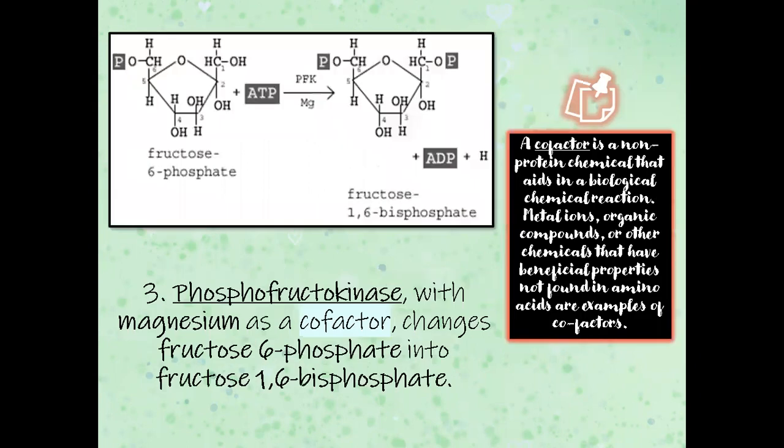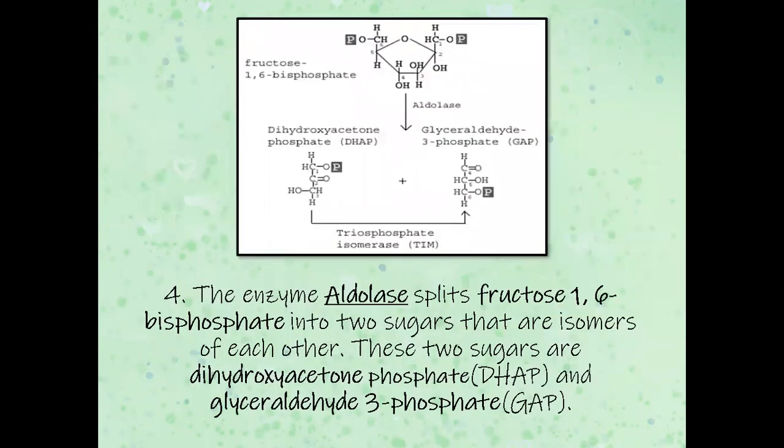In the third step, phosphofructokinase with magnesium as a cofactor changes fructose 6-phosphate into fructose 1,6-bisphosphate. The fourth step is the enzyme aldolase splits fructose 1,6-bisphosphate into two sugars that are isomers of each other.